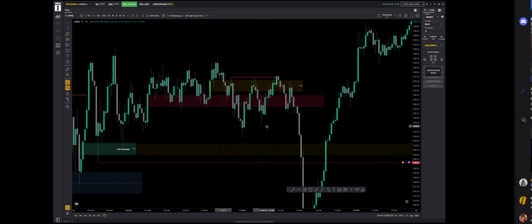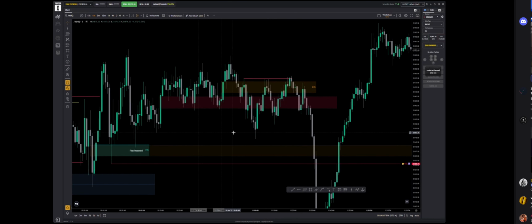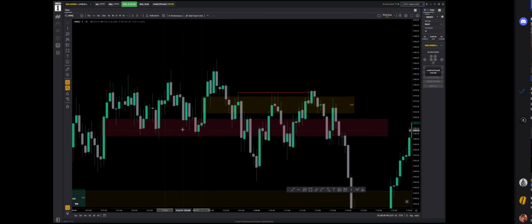Also, I mentioned one specific thing. I don't want to talk about it, but just for the sake of understanding, 10:30 to 10:42. This market will give you an order block. Using that order block, it will go within this area.